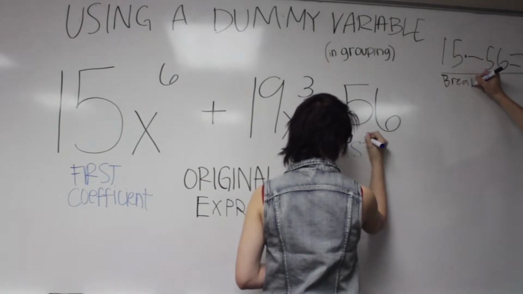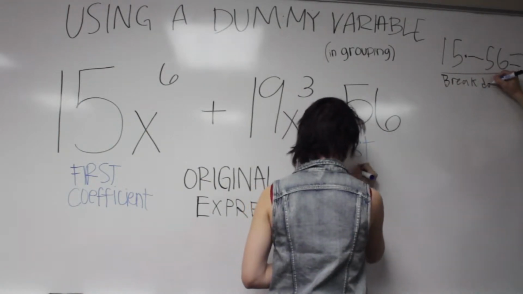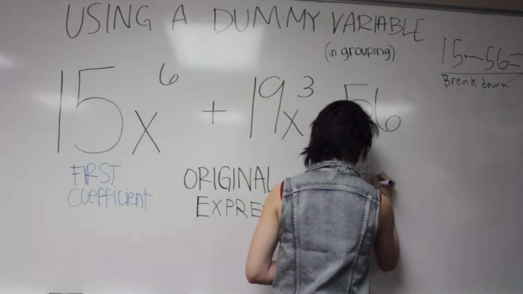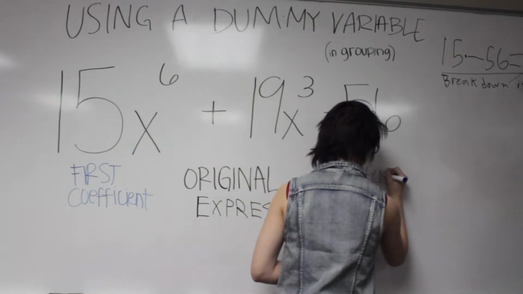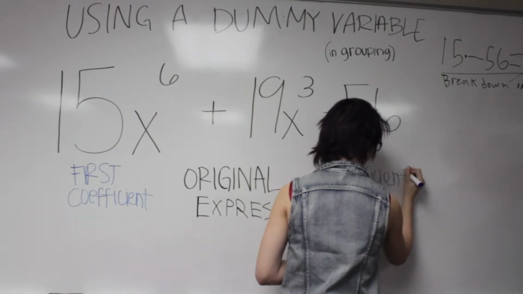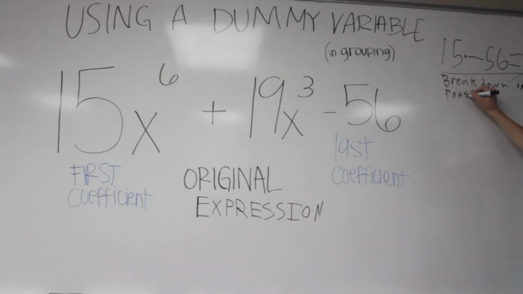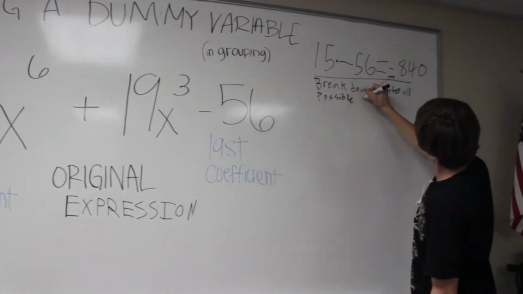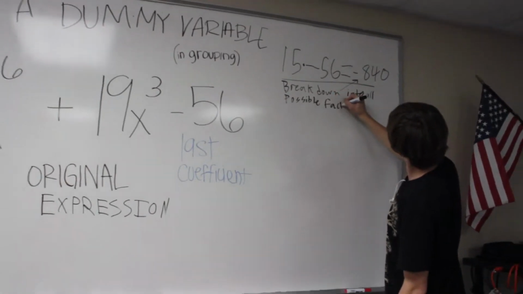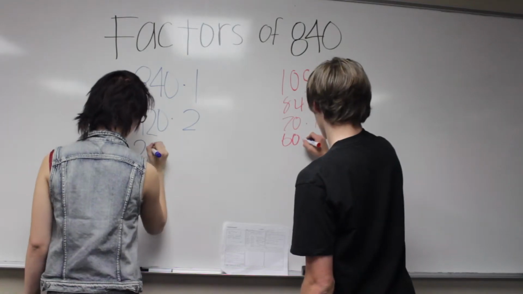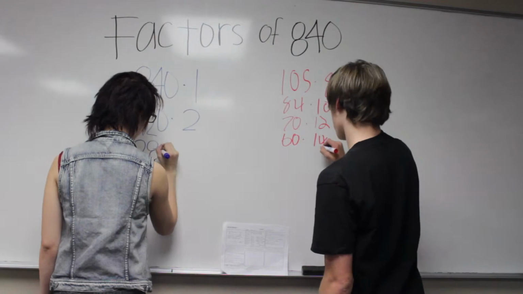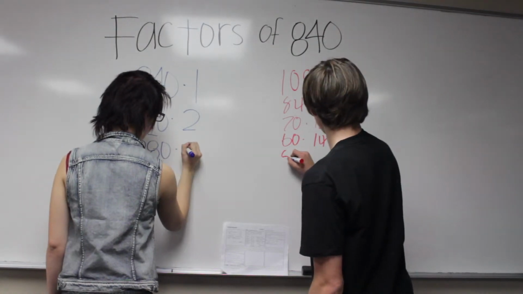So what we do now is break down negative 840 into all possible factors to find which factor pair will equal the middle coefficient. And so we add or subtract to find that. So now we're going to break down 840 into all possible factors.